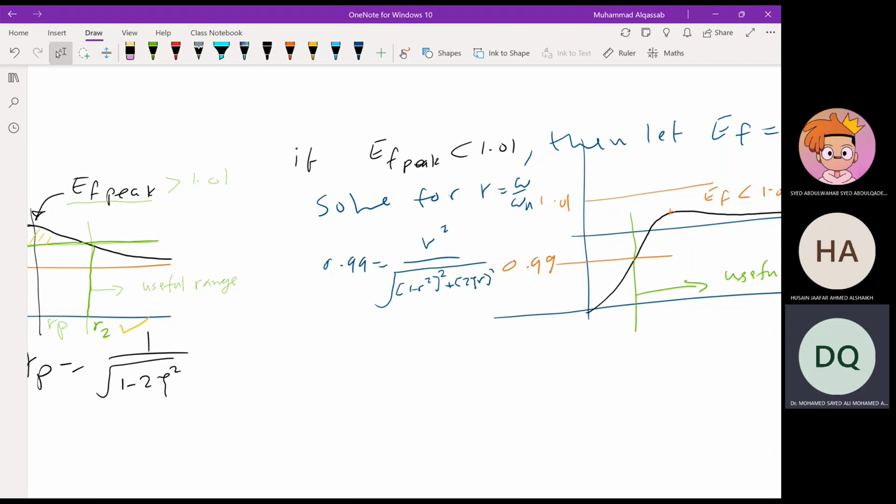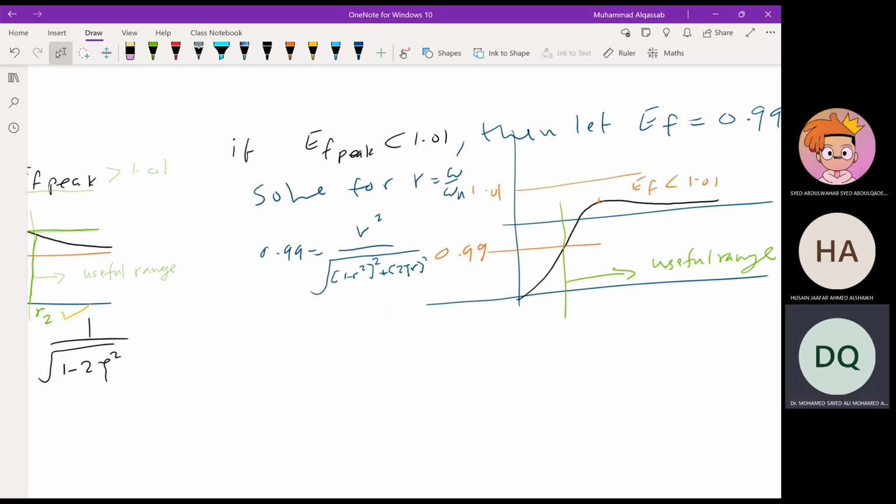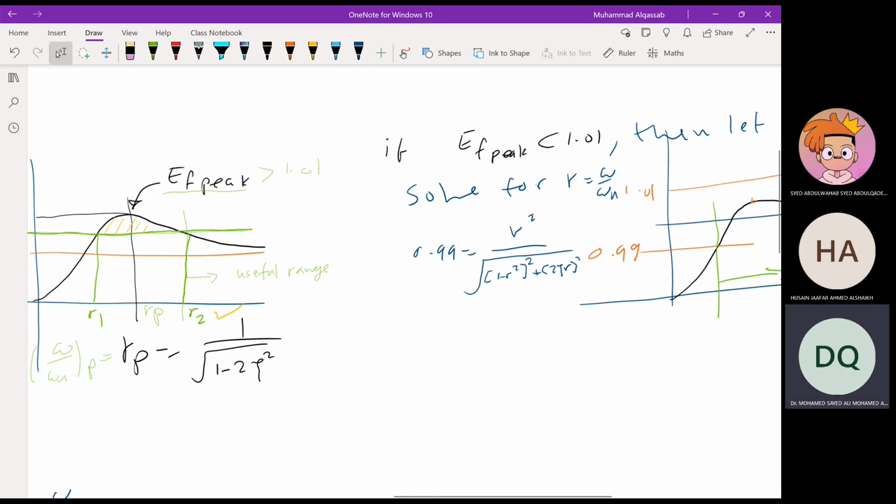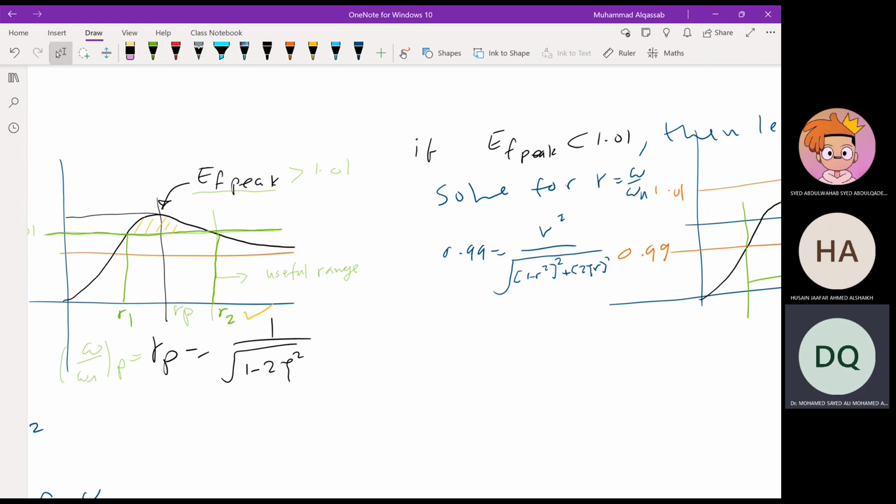Okay, so the other questions could be, if the seismometer is going to be used within a certain range, what is the maximum frequency? What is the maximum error? If the given range is after the peak, then the maximum error occurs at the beginning of the range.